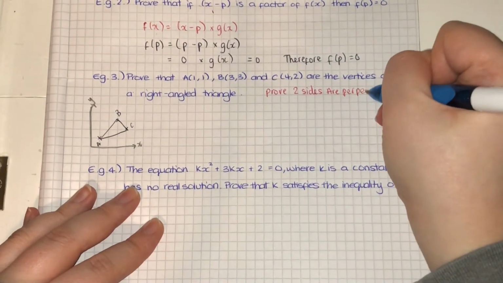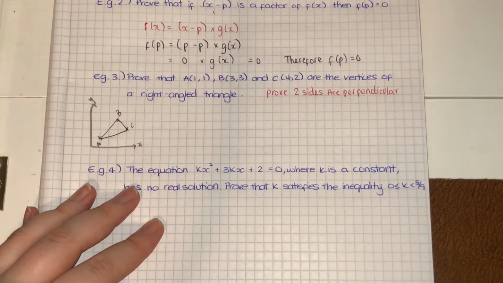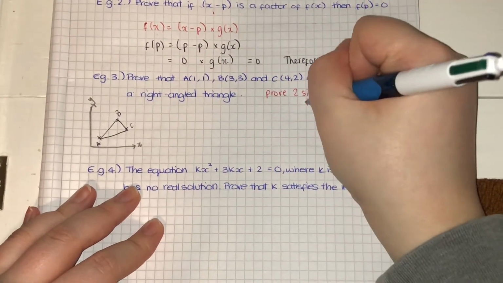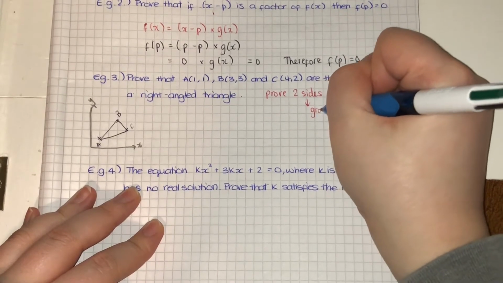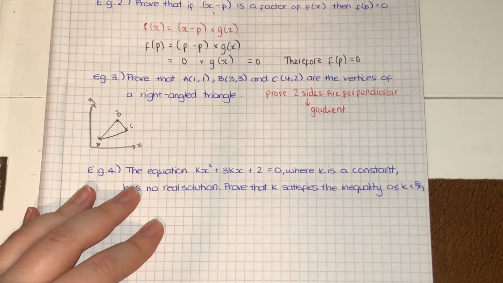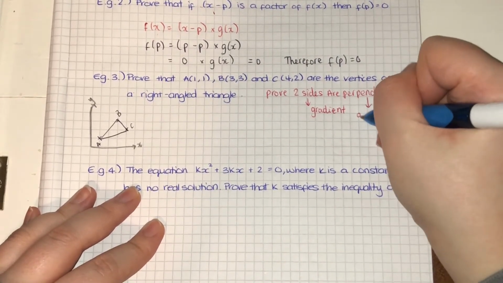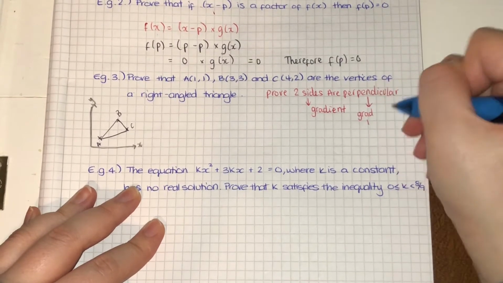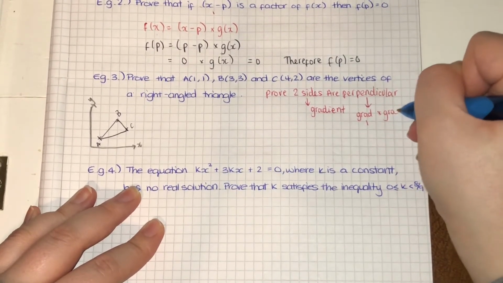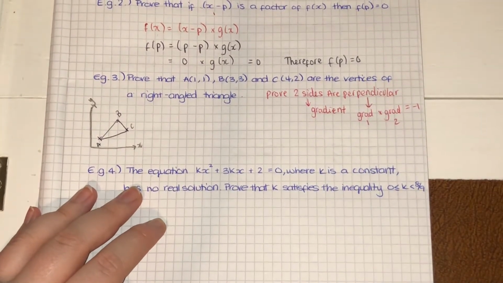Now, to do that, you always need to find the gradient, okay? And to prove that it's perpendicular, the gradient of one side times the gradient of the second side should multiply together and make -1.